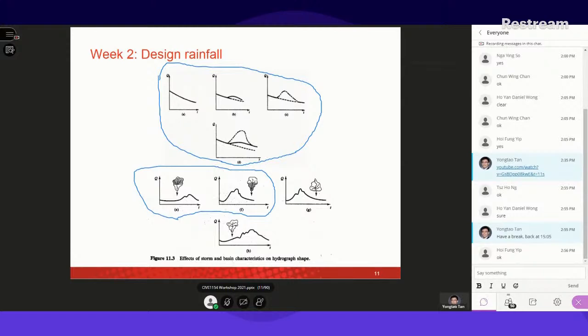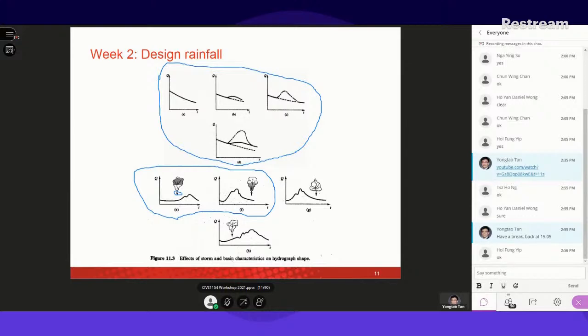So we can see a storm occurs in a remote part of the basin, for example, E. This is the outlet of the basin. So we can see the runoff at the outlet will take longer, and the peak flow is also lower due to the storage in the channel.